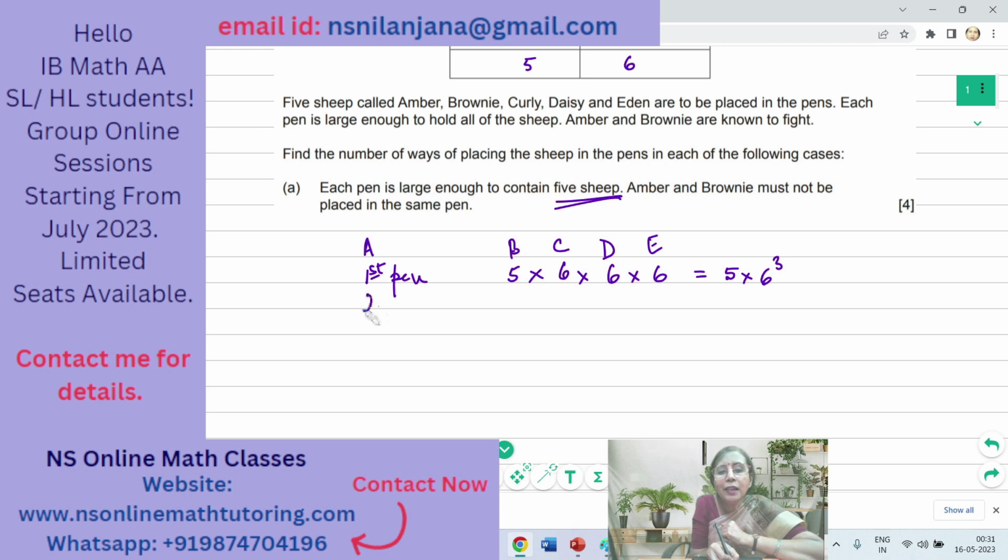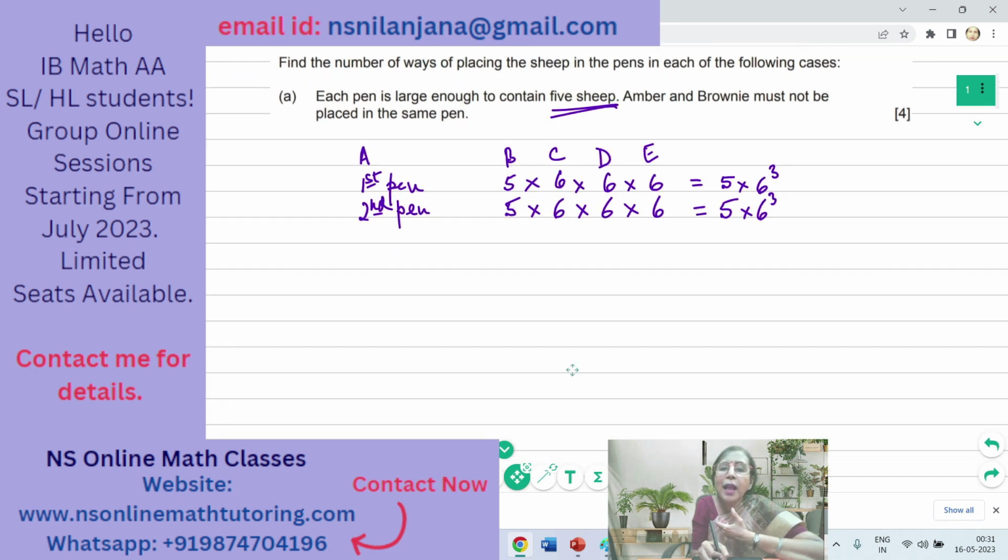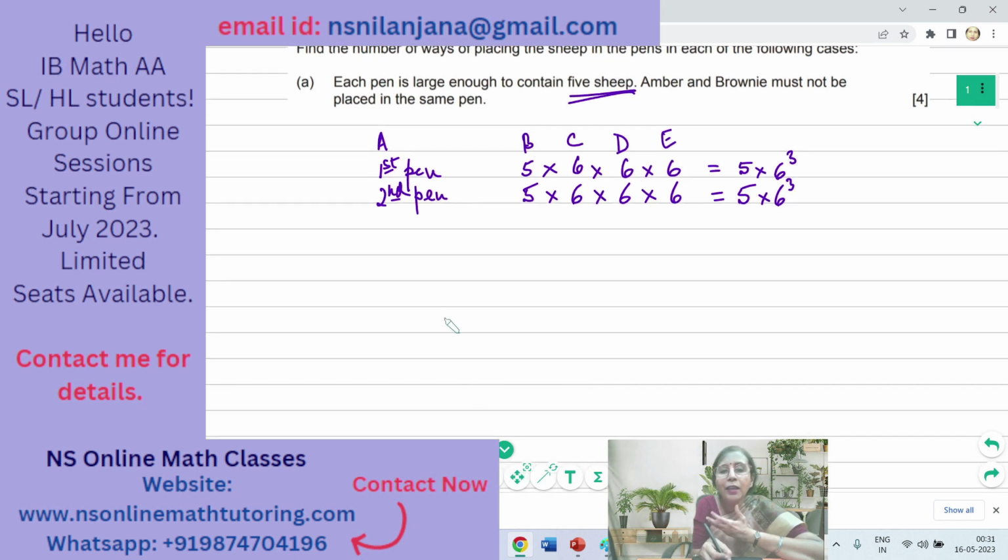Now when A is kept in the second pen, what happens? The scenario will be exactly the same. Brownie will be having only 5 options remaining. Curly will be having 6 options, Daisy 6 options, Eden 6 options. So the total number of arrangements will be 5 times 6 to the power of 3. This will happen whenever Amber is placed in one of the pens.